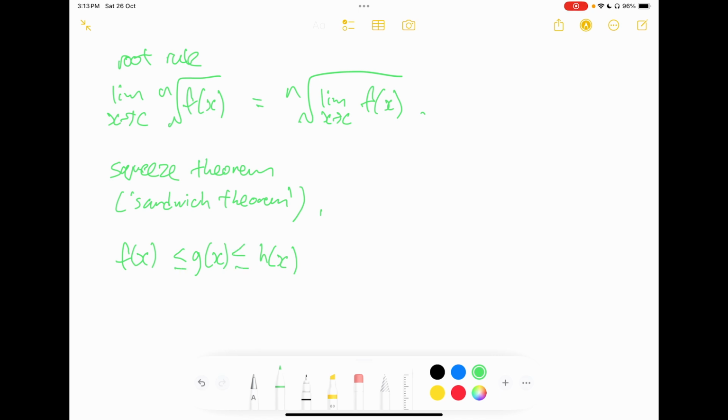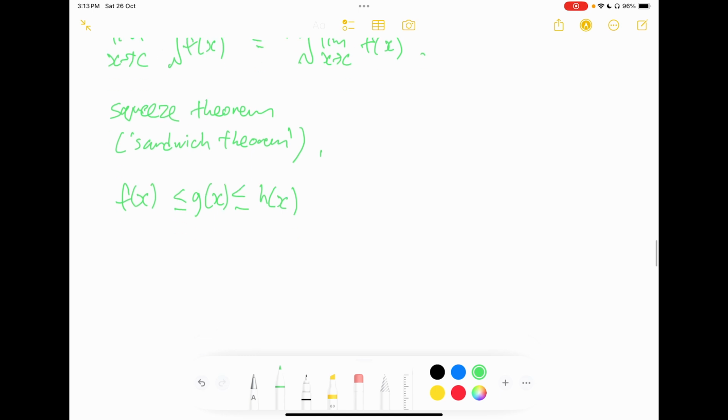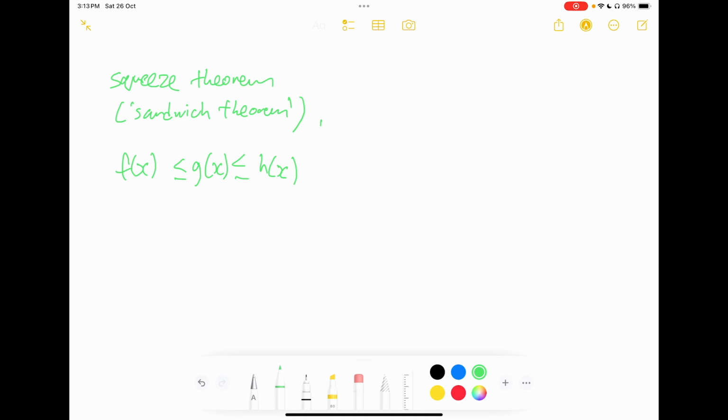Basically, if g(x) is bound by f(x) and h(x) as an upper and a lower bound, what it states is that if the limit of f(x) equals the limit of h(x) at one point, then the limit of g(x) at that point will also be the same limit.